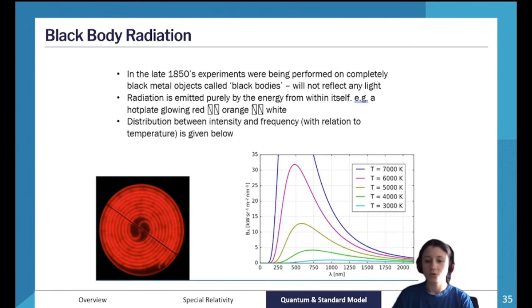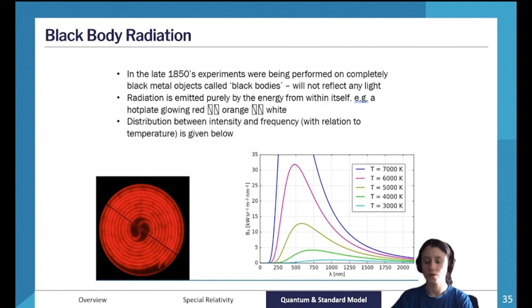Okay, now let's get on to black body radiation. Black body radiation is an experiment that was done that showed that light behaved as a particle. Alright?